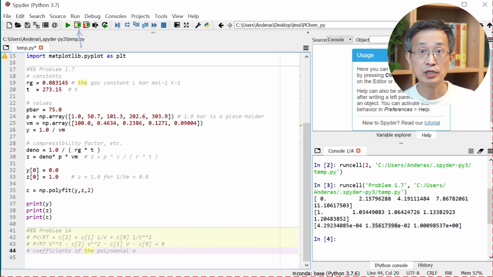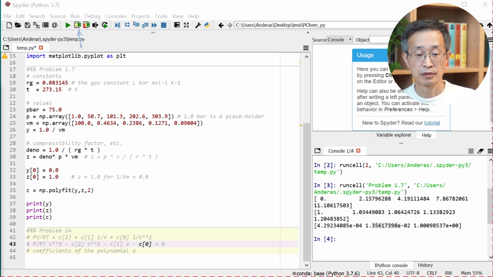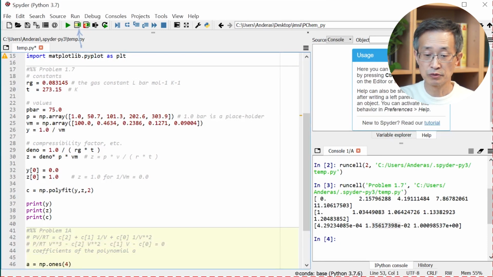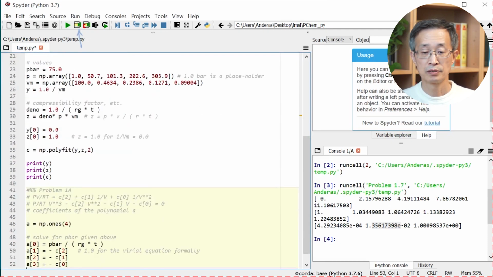So this is the polynomial or cubic equation you need to solve, and we are going to collect the coefficients of this polynomial. Firstly we generate an array, a 4-element array.